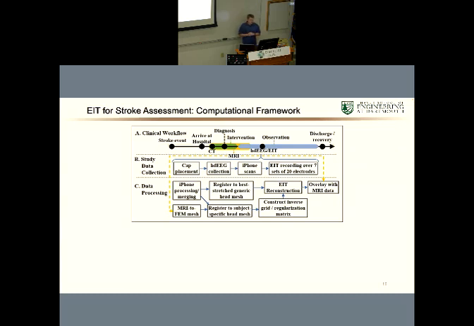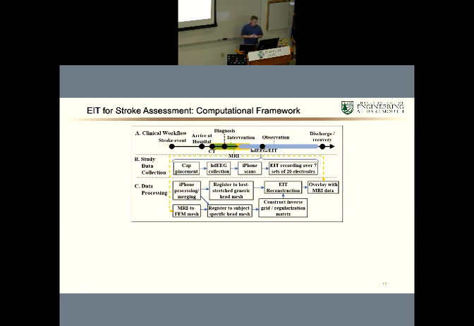For our study data collection, we placed a cap, we collected EEG, and we did these iPhone scans, for a reason to be explained later, and then recorded all of our EIT data. After we got that, we had this barrier problem with data processing.